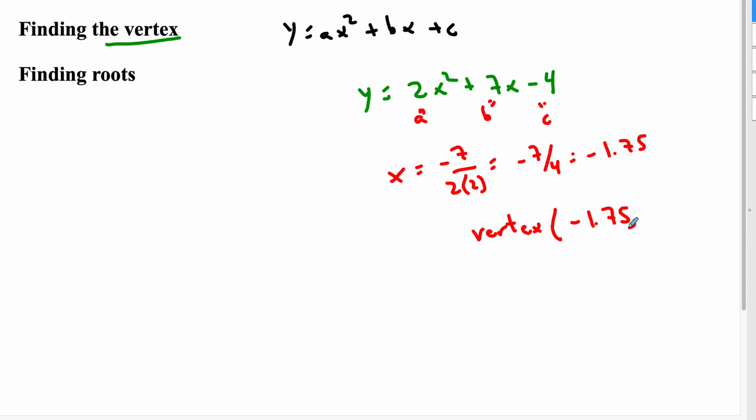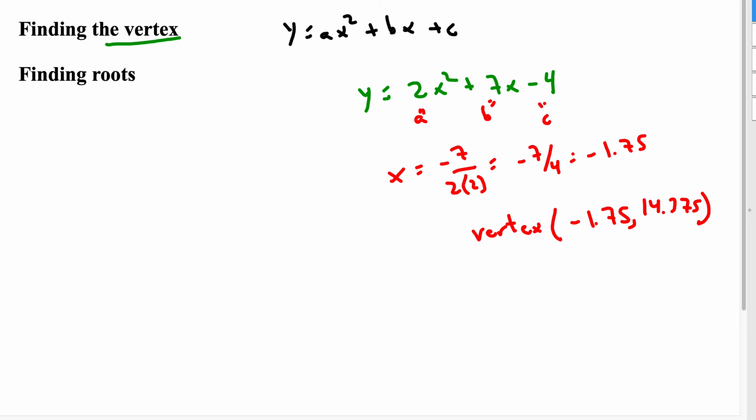So what we do is 2 times 1.75 squared plus 7 times 1.75 minus 4, and I'm getting 14.375.